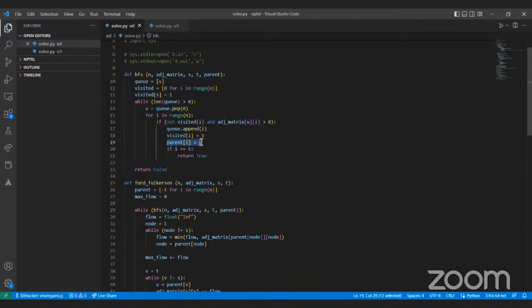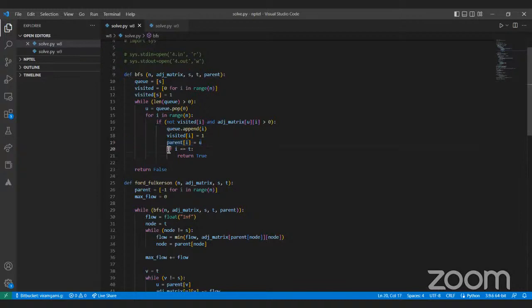What this parent array will do is, so I am finding the augmenting path. After finding the augmenting path, I will also need to find the bottleneck edge on that augmenting path, right? Because the value of flow that will pass through that augmenting path depends on the bottleneck edge. And the bottleneck edge is the edge which has the lowest capacity on that augmenting path. So for that, I'm maintaining this parent array so that I can traverse back from the vertices which have been added to the queue, right?